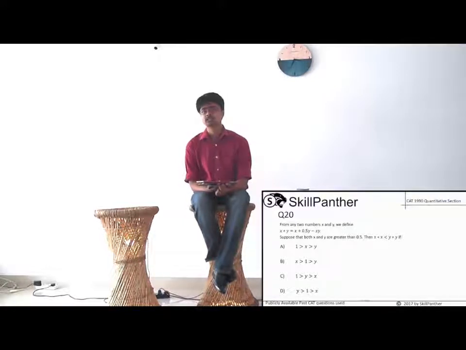At 0.6, x star x or any number star itself is equal to 0.54. Now for 0.7, it's 1.5 into 0.7, so that's 1.05 minus 0.49, which is 0.56. So from 0.6 to 0.7, it just increased to 0.56 from 0.54.